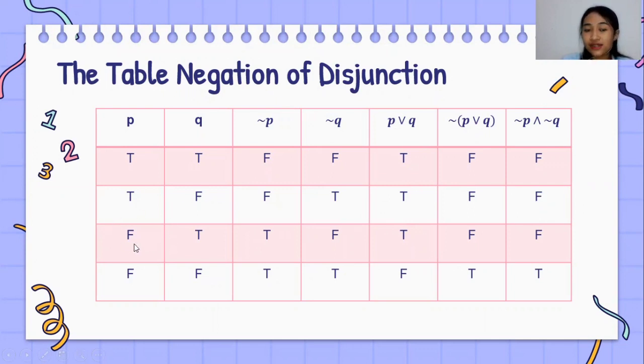If P is false and Q is true, negation P is true and negation Q is false, P or Q is true and negation (P or Q) is false, equal to negation P and negation Q, which is false. If P is false and Q is false, negation P is true and negation Q is true, P or Q is false. Negation (P or Q) is true, equal to negation P and negation Q, which is true.